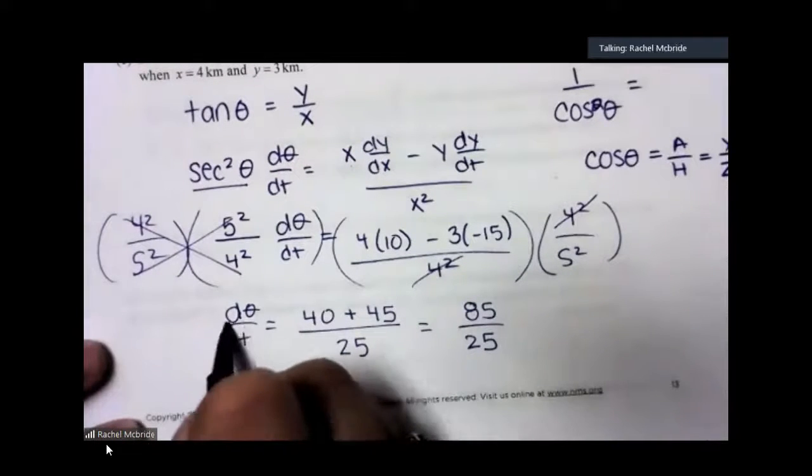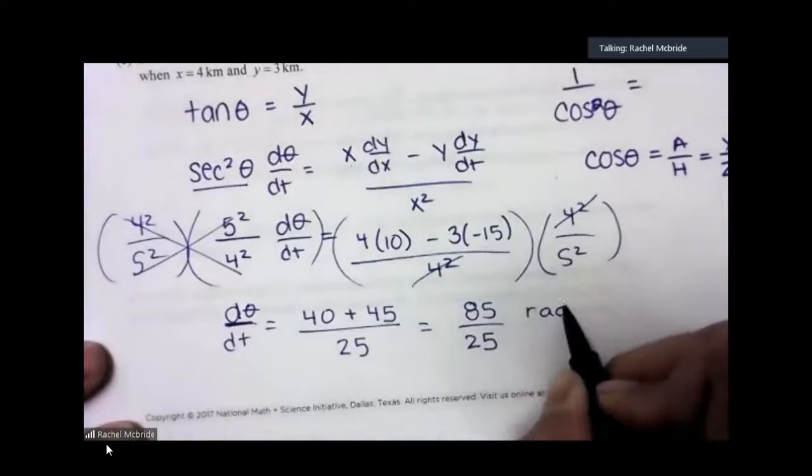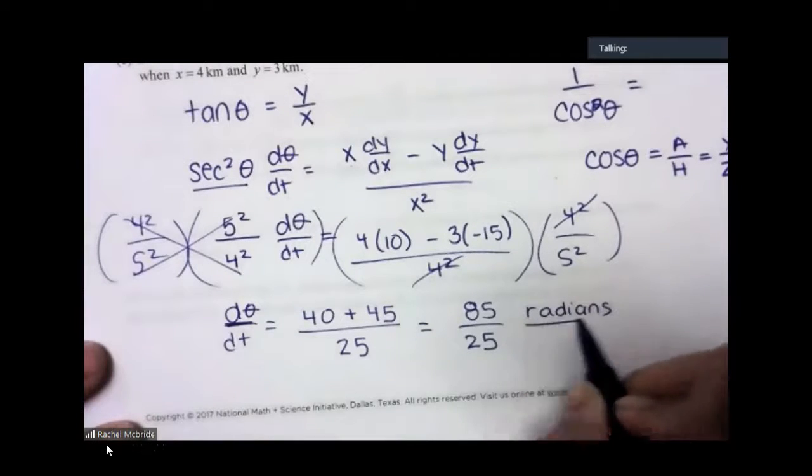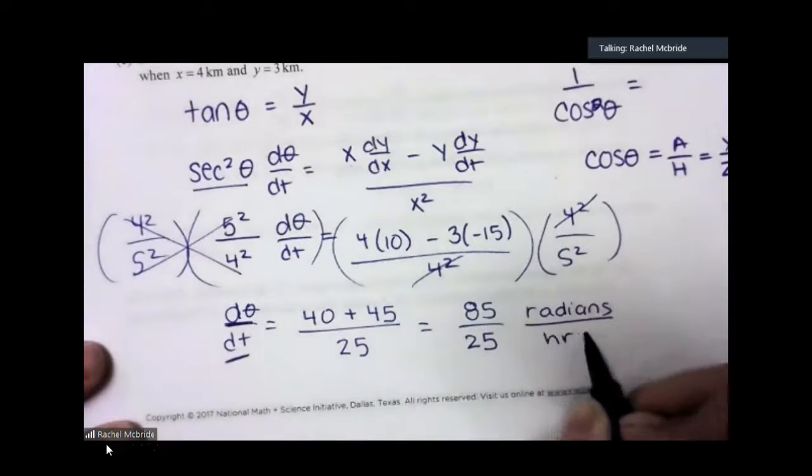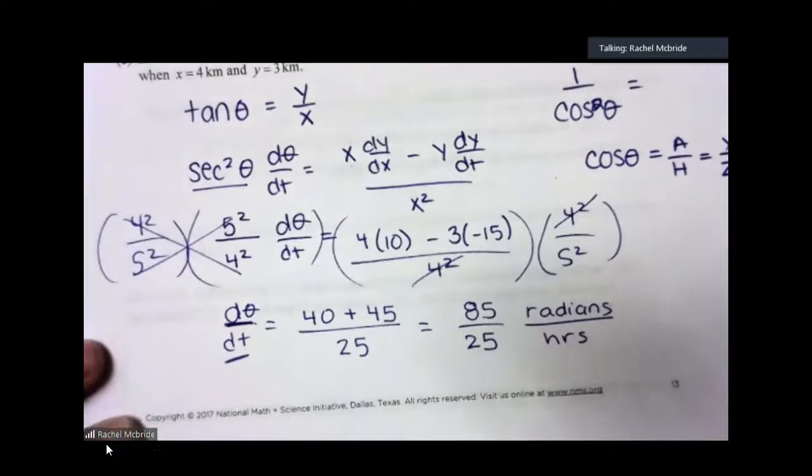And then again, d theta would be radians, and time was hours. So my units would be radians per hour.